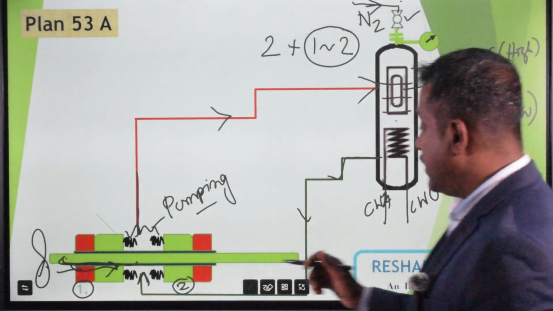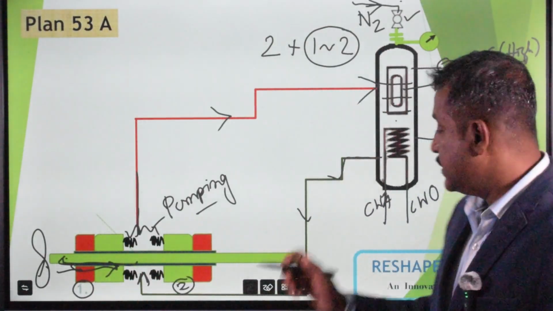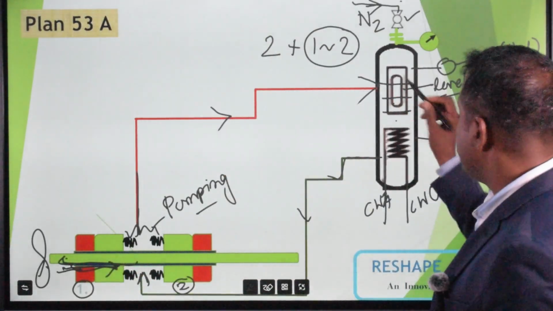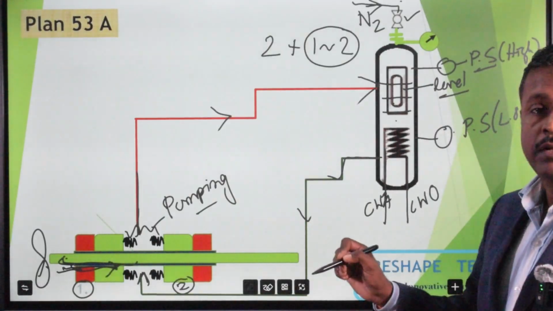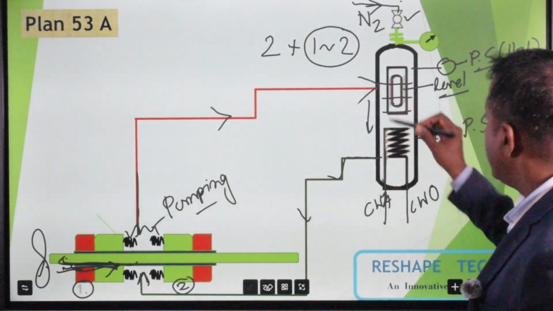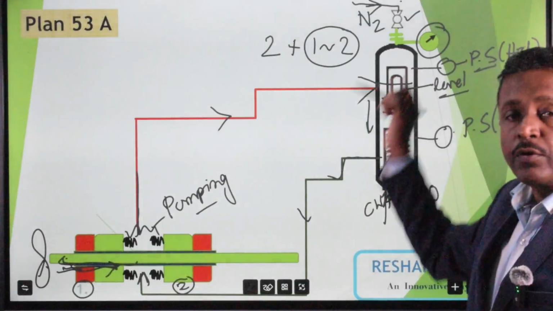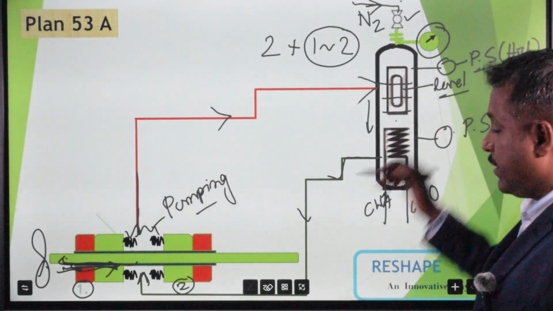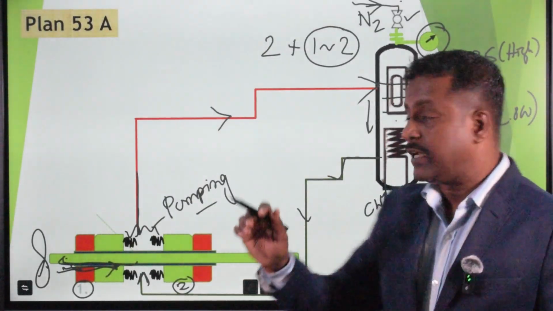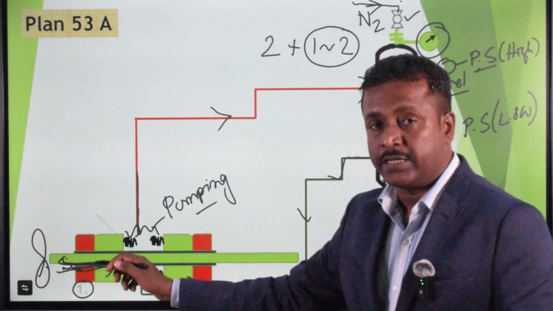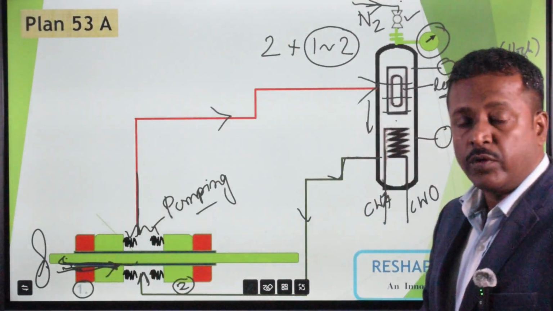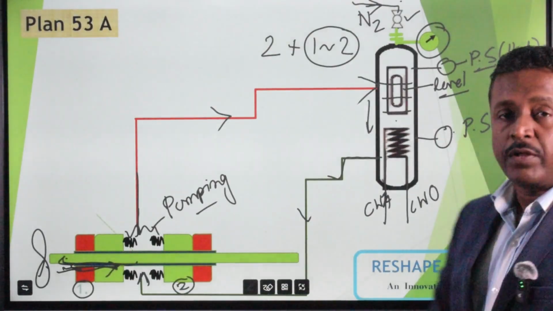Now, if the primary seal is leaking, the liquid is introduced to the pump, so what will happen over here? Your seal pot level will go down, as well as your pressure. So seal pot level goes down as well as pressure goes down. That means your primary seal is leaking. And if the secondary seal leaks, what will happen? The same phenomenon will occur.